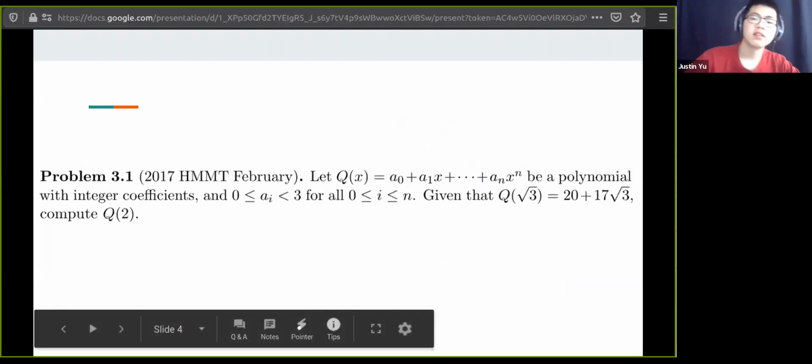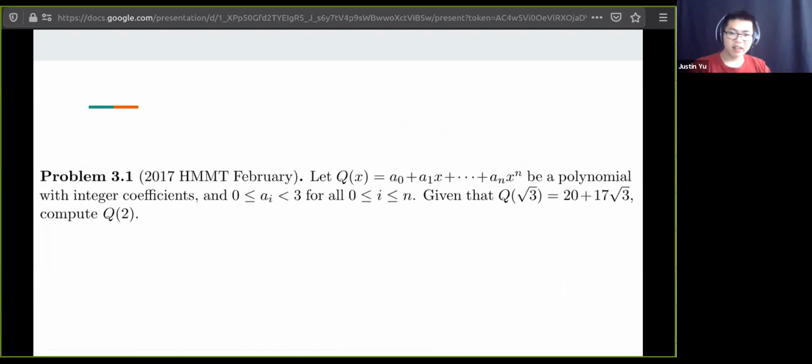So let's go back. Let's look at the next one. All right, bit of a breather. This is an early problem from an HMMT February algebra test. Stare at it for a minute, and then we'll get started.